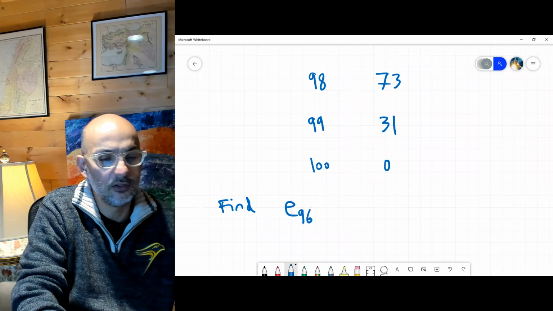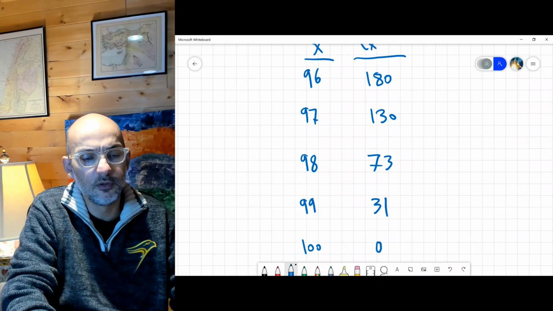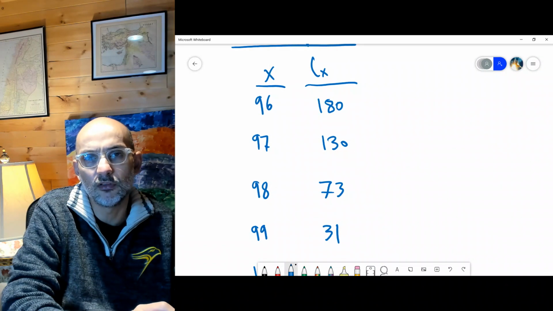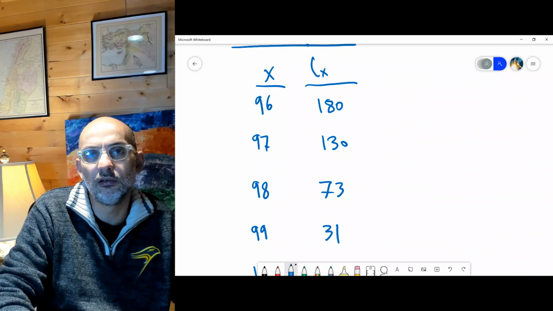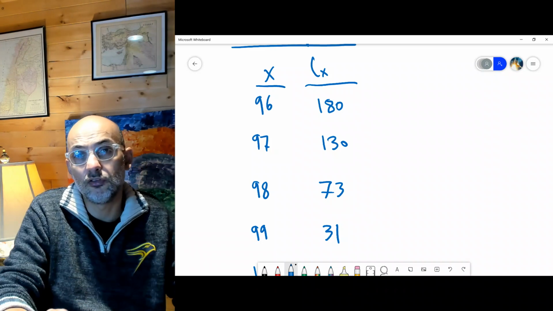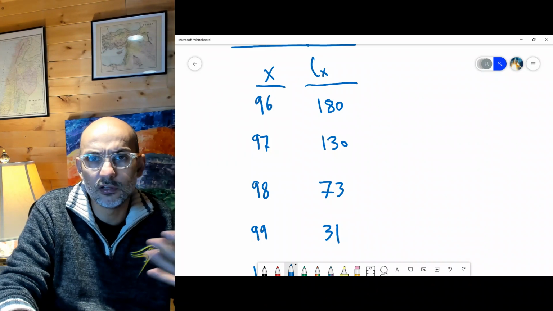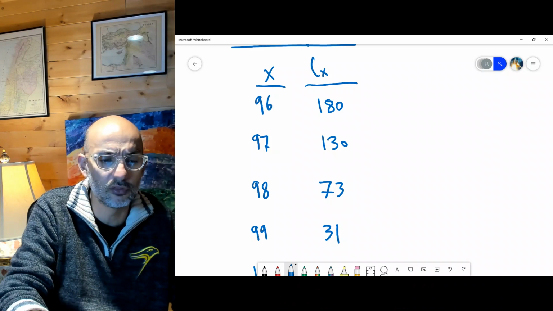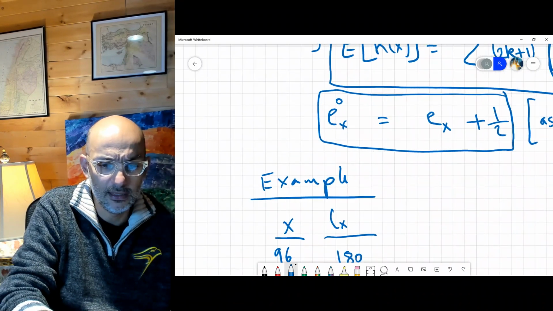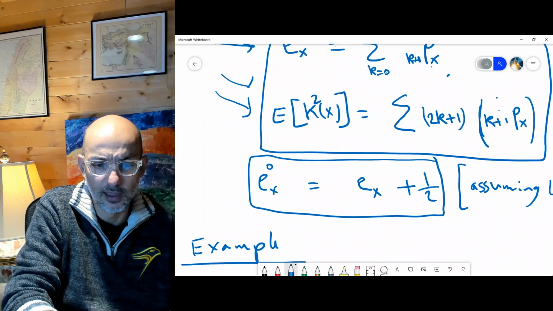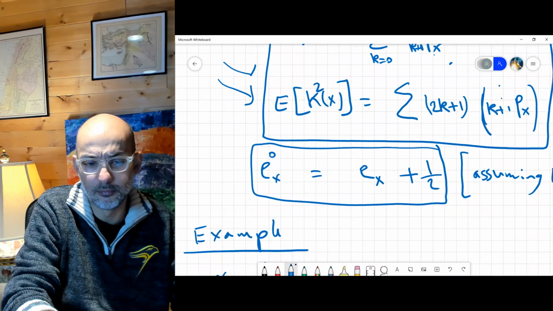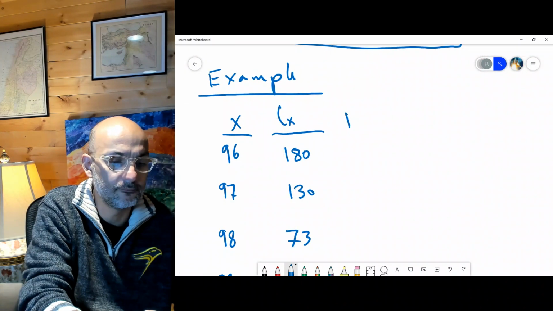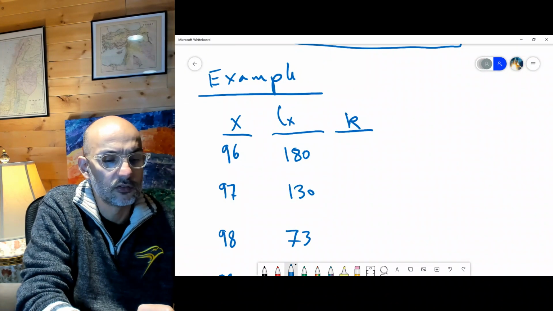So instead of memorizing the formula, even if it's not given to you in a table, it might be given to you in a line, or in many other ways. It might be given to you as px, qx. You can always go back and forth between lx and the probability. Let's go from lx to the probability, because the formula asks for the k plus 1 px, the probability. First thing, let's define what our k is.